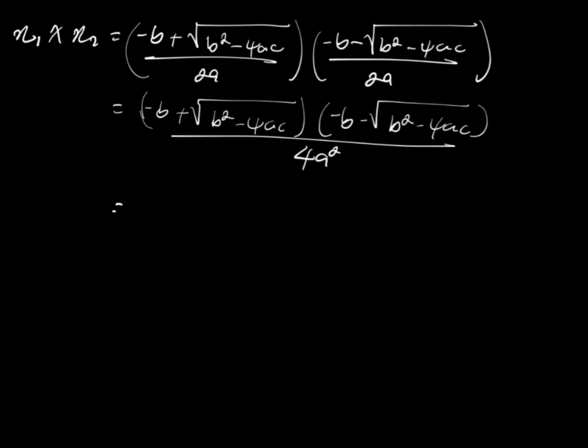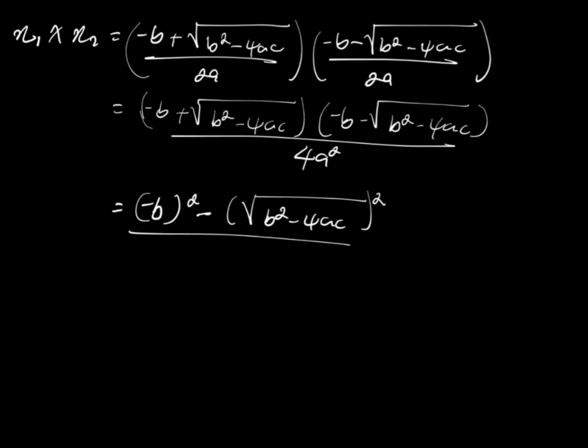So this is going to be equal to negative b squared, minus the root of b squared minus 4ac, close this, and it is also squared, all over 4a squared.